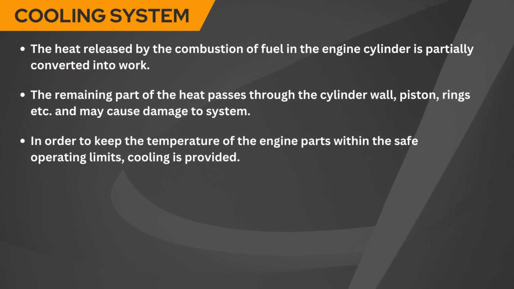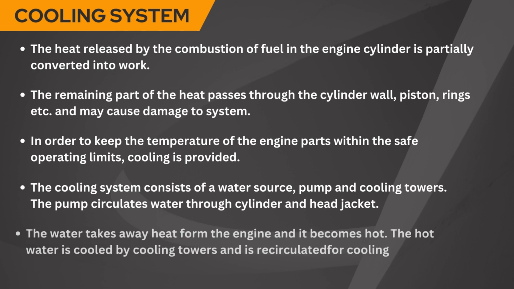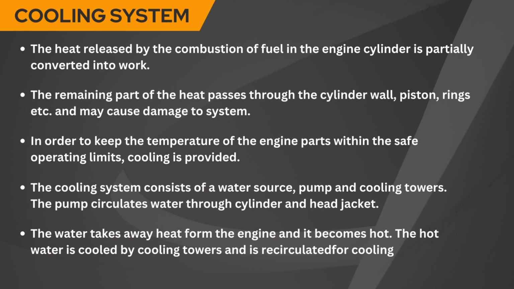So, to keep the temperature of the engine parts within the safe operating limits, generally we provide cooling. And the cooling system consists of a water source, pump and cooling towers. The pump circulates water through a cylinder and head jacket, and the water takes away heat from the engine and it becomes hot. The hot water is cooled by cooling towers and is recirculated for cooling again and again.